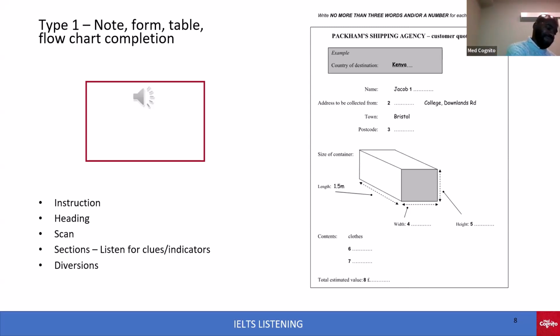It's BS8 9PU. Right. And I need to know the size. Yes, I've measured it carefully and it's 1.5 metres long. Right. 0.75 metres wide. Okay. And it's 0.5 metres high or deep.